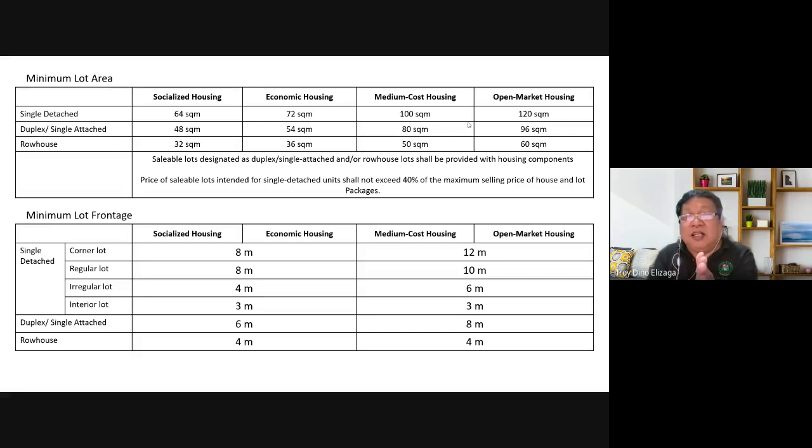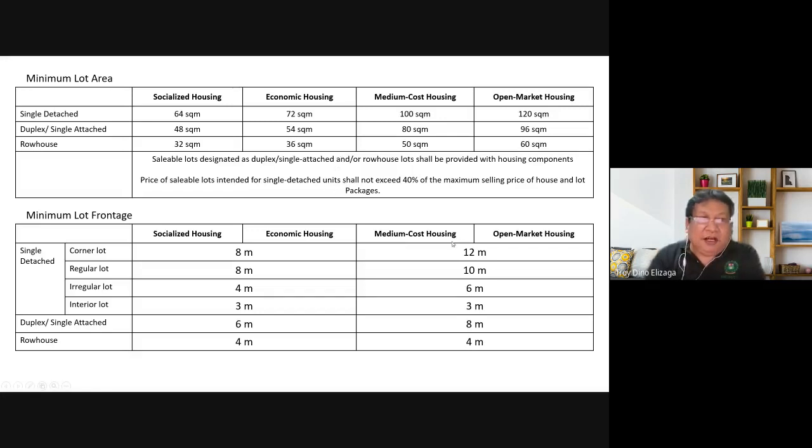So that's a single attached. If you flip it and it's attached to the other house, that makes it a duplex. Now, a row house is only 60 square meters, attached on both sides of the property, one after another. So that's why it's called a row house.